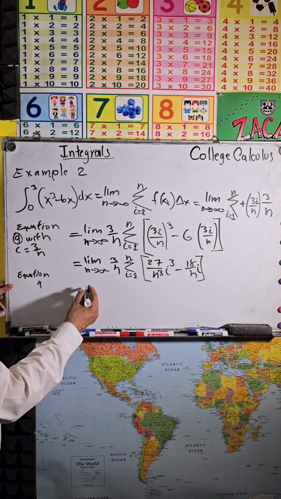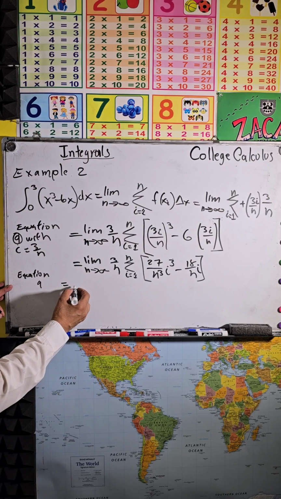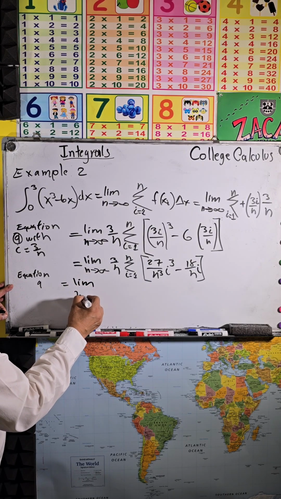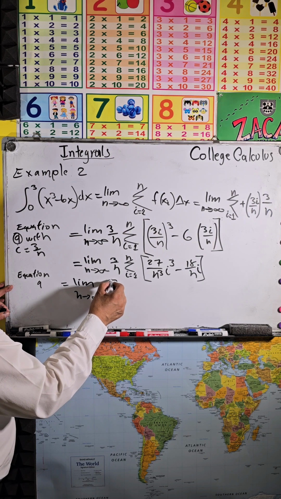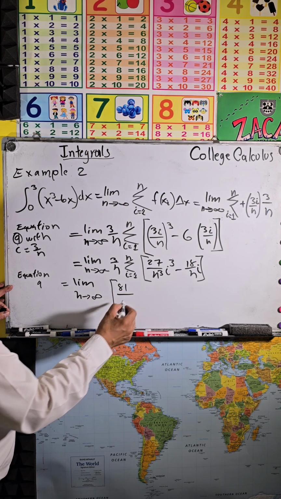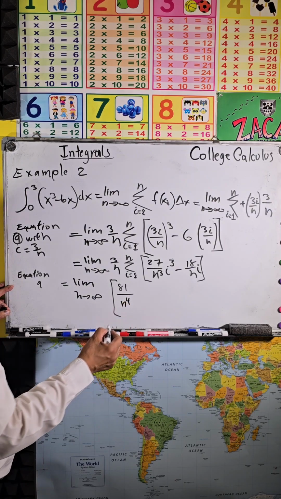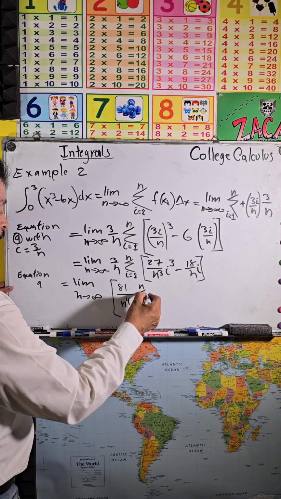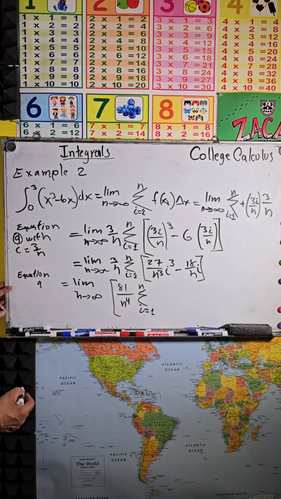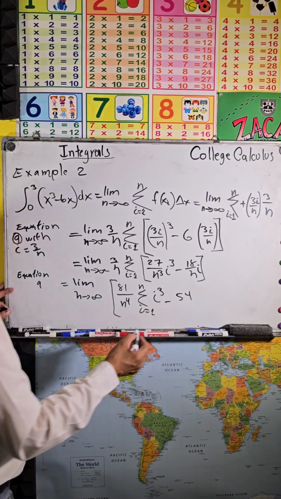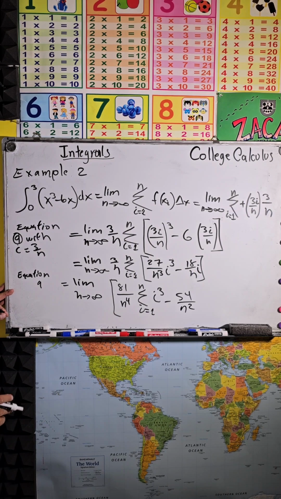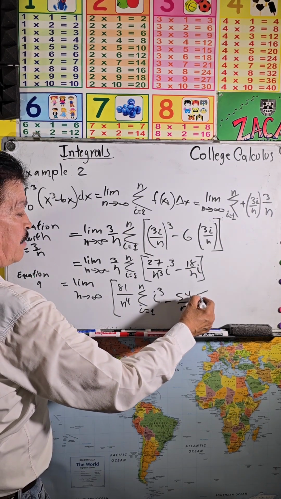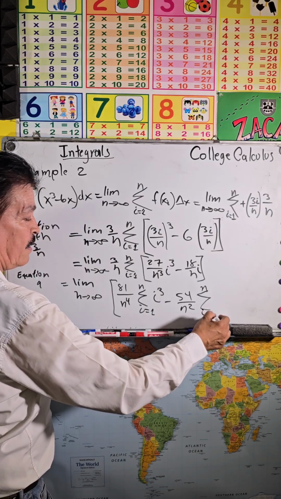So in this step we will have limit when n approaches infinity of 81 divided by n to the 4th power, be careful, right? Sigma i equals 1 to n of i to the 3rd power, minus 54 divided by n to the 2nd power times sigma i equals 1 to n of i.